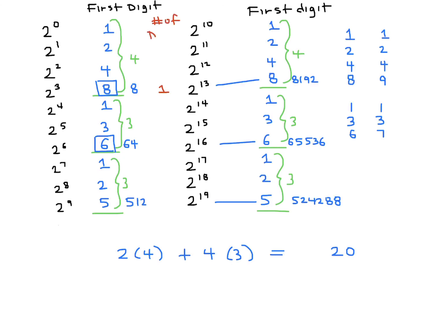I'll write that here, number of digits. This will become clear once I finish. Number of digits in 64, there's 2. In 512, 3. In 8192, 4. In 65,536 it's 5. And the number of digits in 524288 is 6.